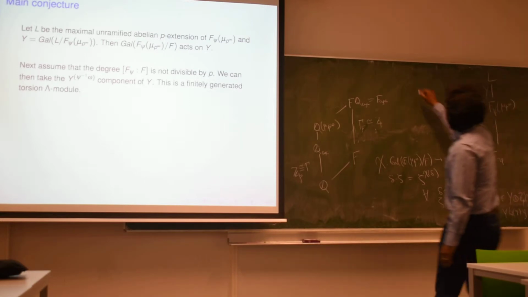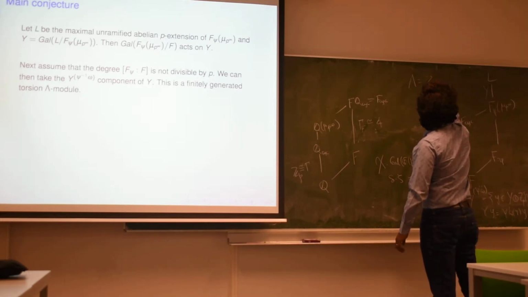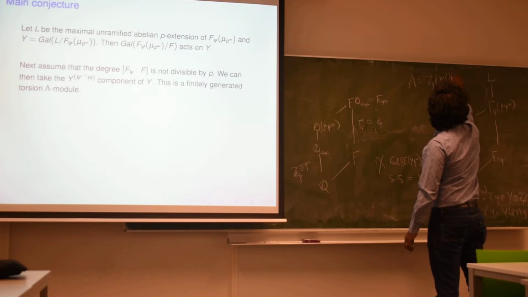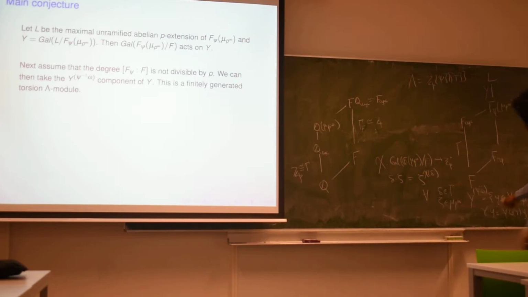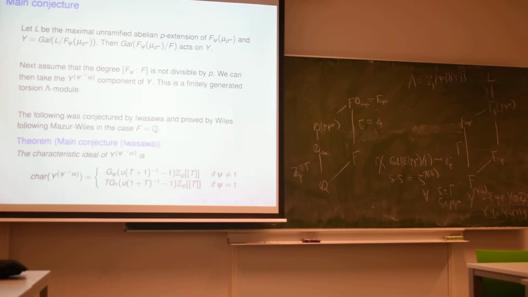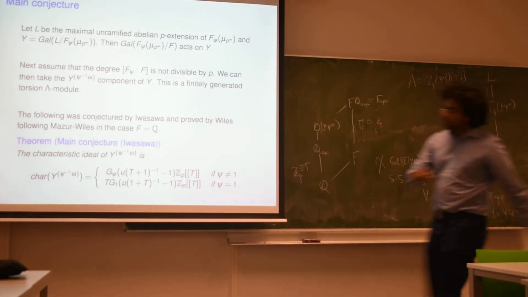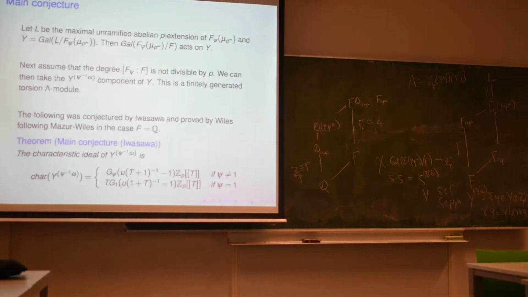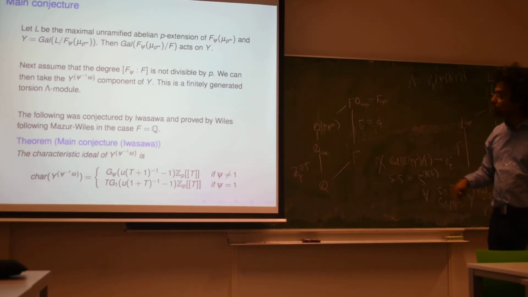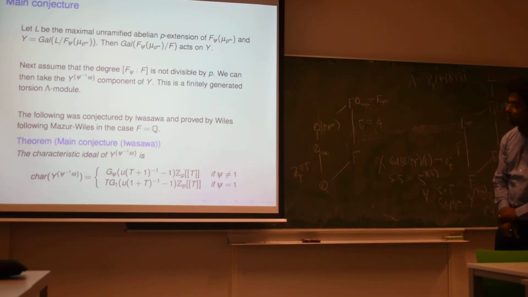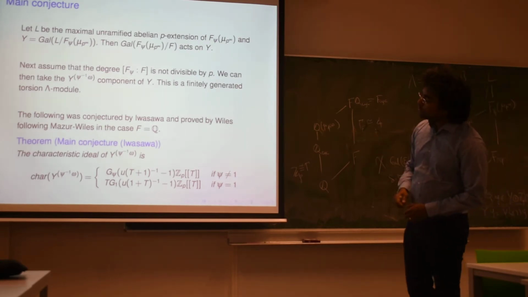Actually, this Lambda now should be Z_p psi, because I have to include values of psi for this to make sense. And there is a typo here. There should be psi's everywhere. Okay, so this was conjectured by Iwasawa and then proved by Mazur and Wiles for F equal to Q and Wiles in general, and this follows the strategy of Ribet in some sense.